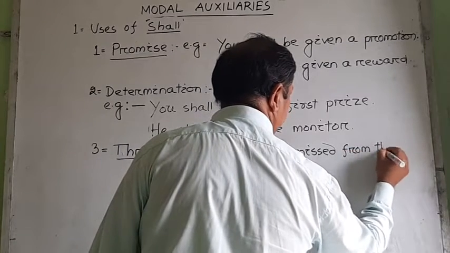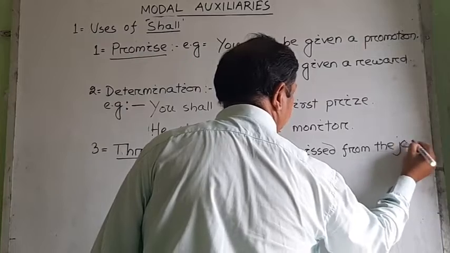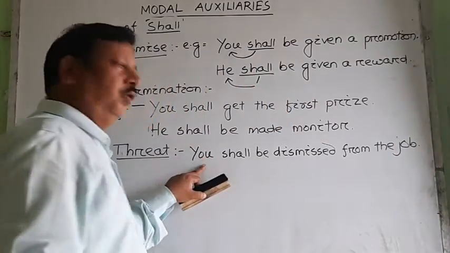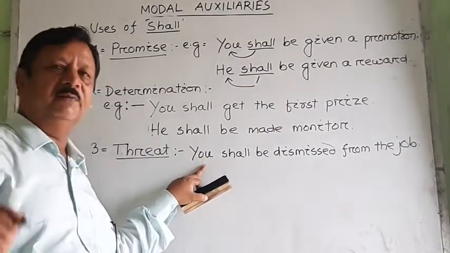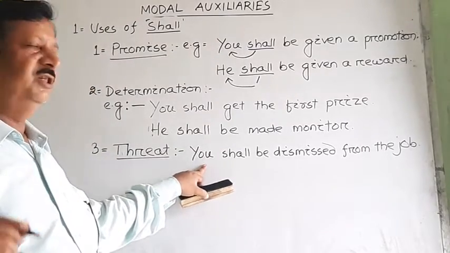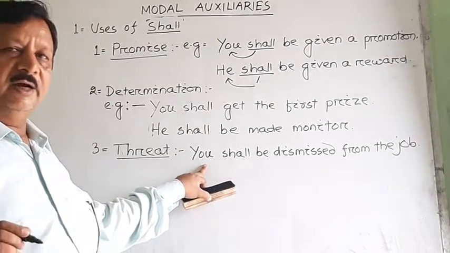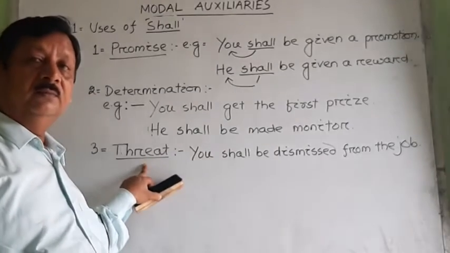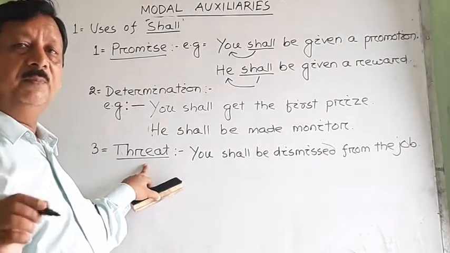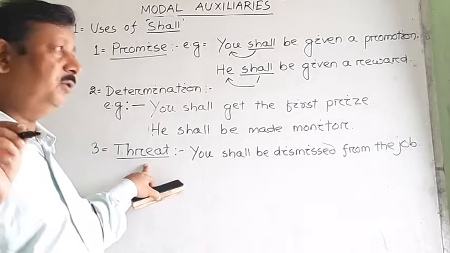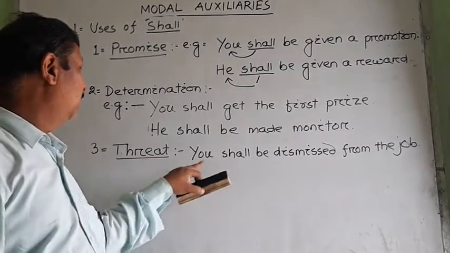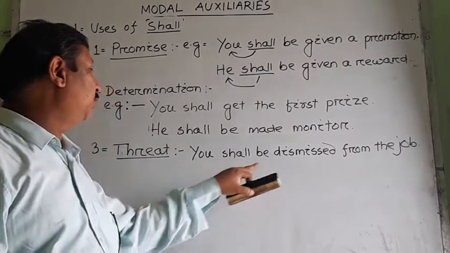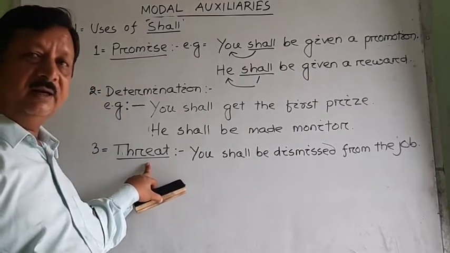You shall be dismissed from the job. Automatically the listener, the second person, becomes very serious. He gets nervous. Why? Because it poses the threat. It is a threatening voice on behalf of the employer or maybe the boss or the authority. So that is why it is what it is. You shall be dismissed from the job expresses threat.